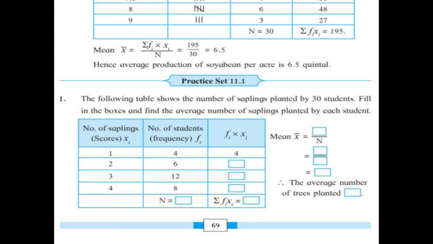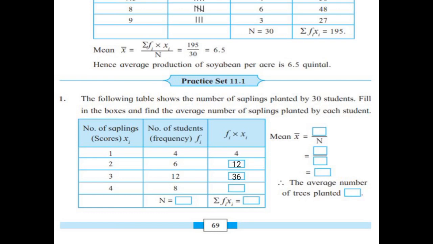Number of saplings is 2, number of students is 6. fi into xi, that is number of students into number of saplings, is 6 into 2. Answer is 12. Next one, number of saplings is 3, number of students is 12. fi into xi is 12 into 3. 12 3s are 36.